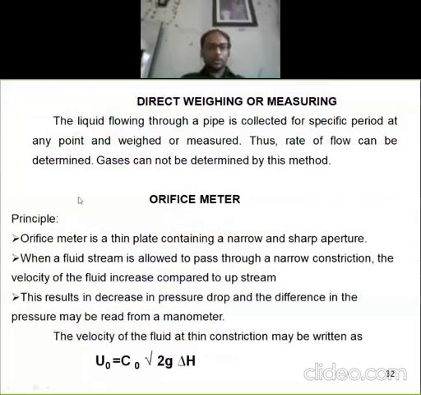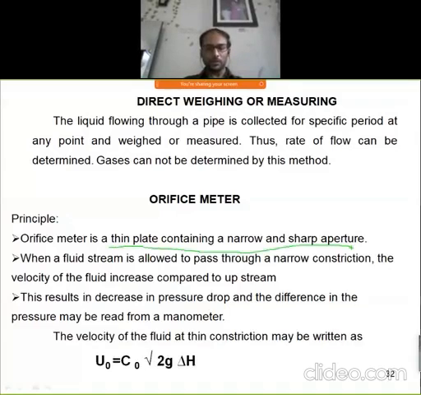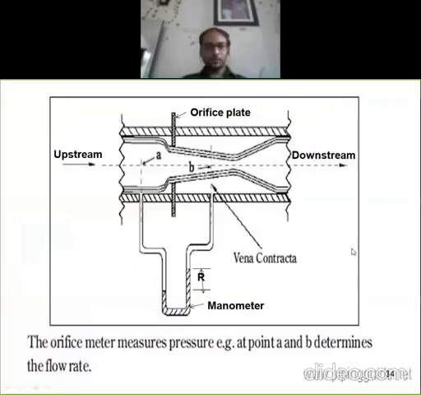So see the principle of how this orifice meter works. The orifice meter is a thin plate, as we see in the instrument, just a thin plate containing a narrow and sharp aperture. This is just one thin plate which gives an obstacle to the stream of liquid.